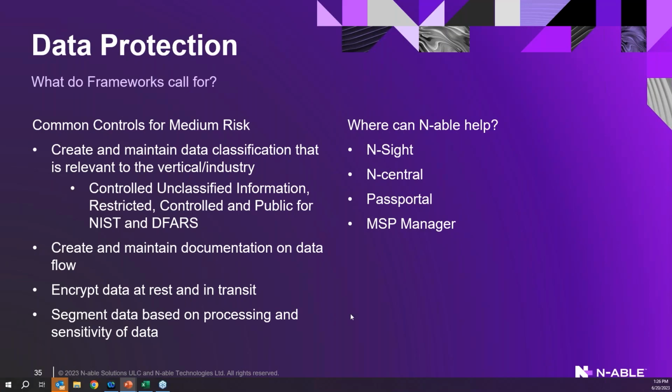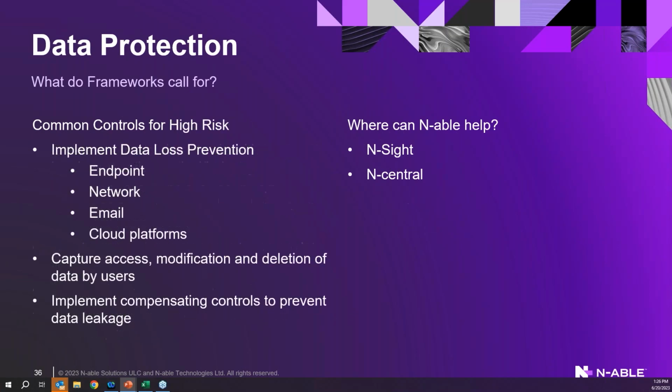Then when we move up to high risk, it's not only about the classification, it's about implementing data loss prevention measures. They want you to implement data loss prevention measures on the endpoint, on the network, on your emails, on your cloud platforms to make sure that information is not leaving its enclave and going places it should not go.